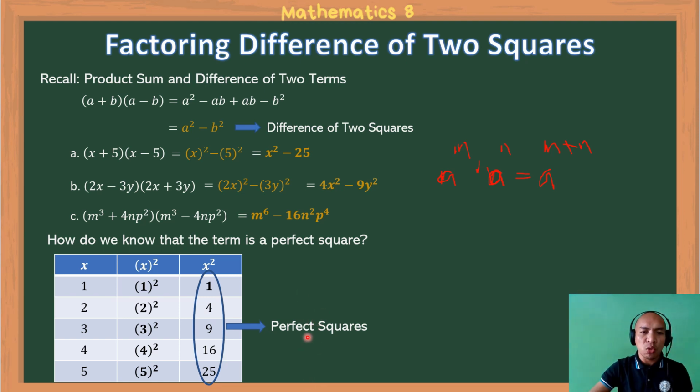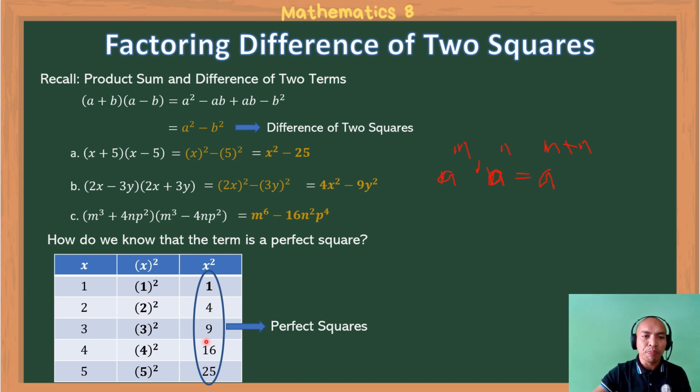If you heard the word square root, to obtain the square root, what are those numbers that you are going to multiply by itself twice? The results are the perfect squares. So let me cite an example. What is the number that you multiply by itself twice that the result is 1? Definitely 1. What is the number that if you multiply by itself twice, the result is 4?